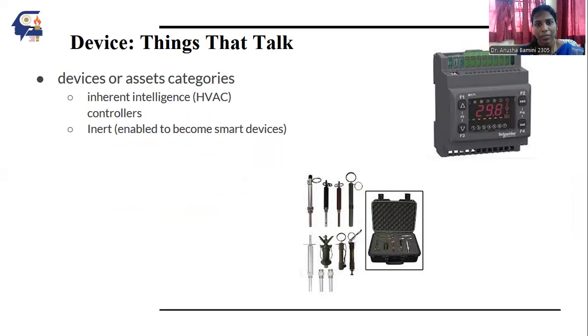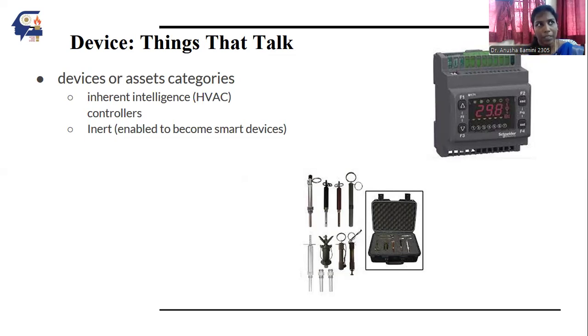A device is something used to talk with the user, the environment, or human beings. Devices can be separated into two types: inherent intelligence, or inert and must be enabled. Inherent intelligence means we are embedding a particular device with some type of sensor.